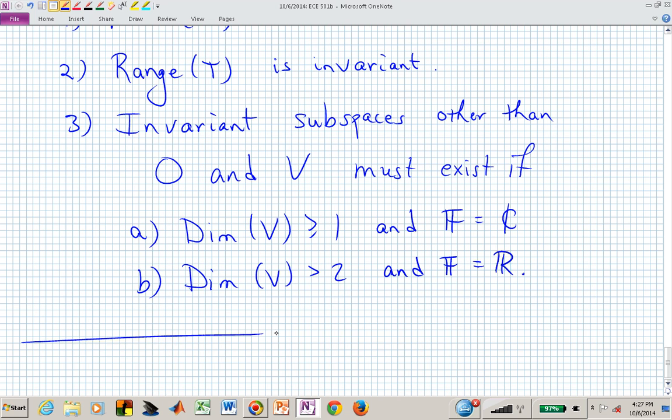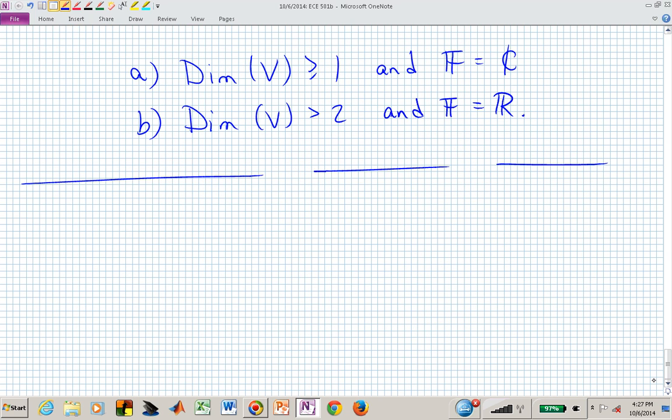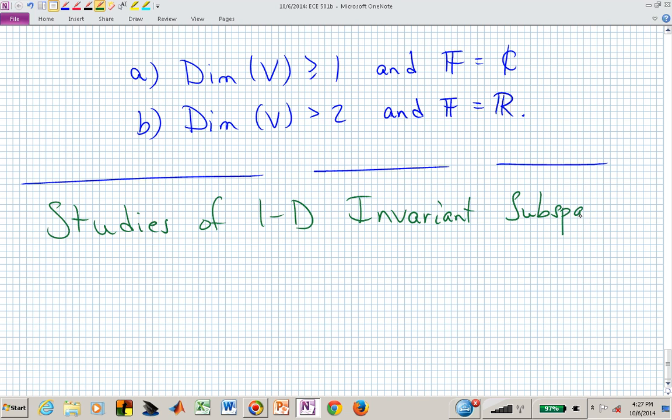Let's start small. Let's look at studies of 1D invariant subspaces. And really, this is the simplest kind.